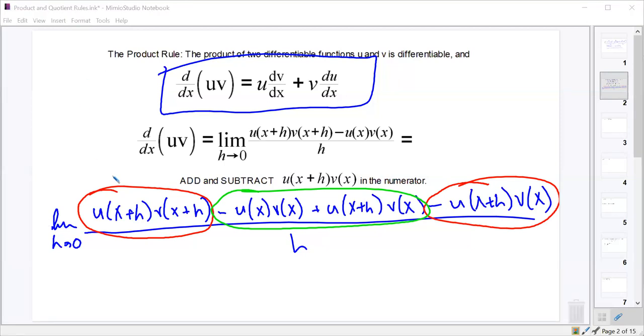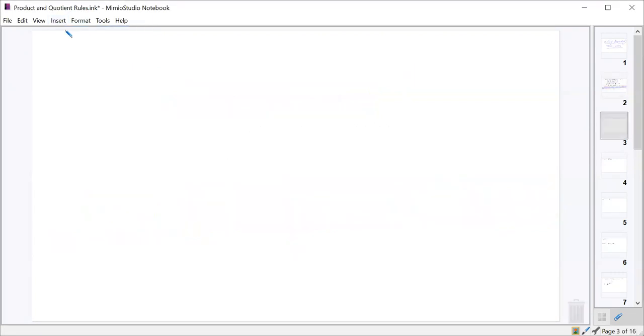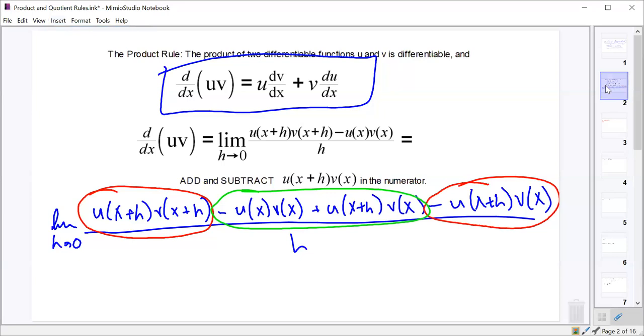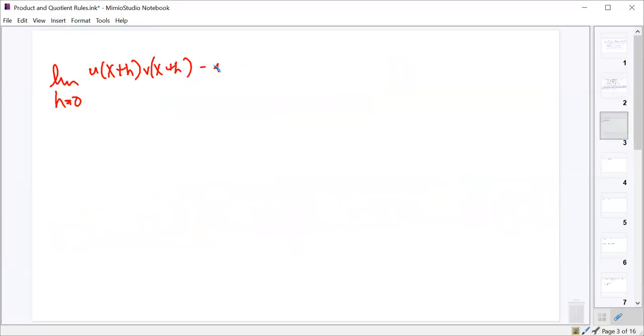Yes. All right. So we're going to have the limit as h approaches 0 of u of x plus h, v of x plus h, minus, what's the one I said was going to go with that? u of x plus h times v of x, all over h.